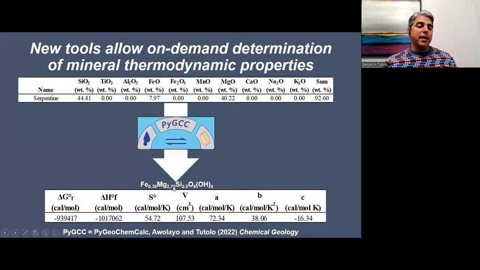In this case, it's just a simple Ferri-Chermak substituted silicon, or actually this one's just a greenalite-lizardite solid solution. And we end up with what then becomes useful for predicting thermodynamic properties, things like the Gibbs free energy, the enthalpy, entropy, volume, and heat capacity of that mineral.